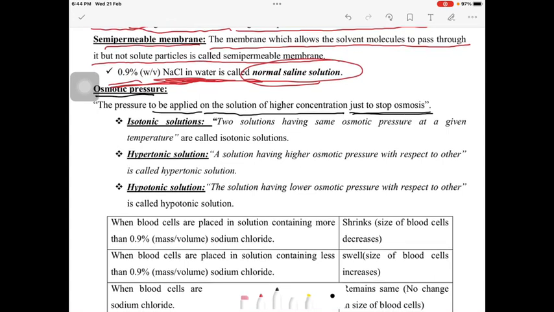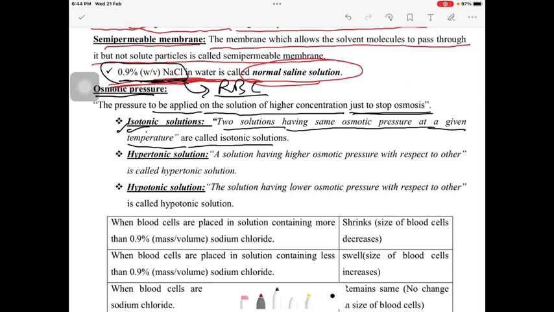Next, isotonic solutions: two solutions having the same osmotic pressure at a given temperature are called isotonic solutions. 0.9% weight by volume NaCl is isotonic with red blood cells, RBC.